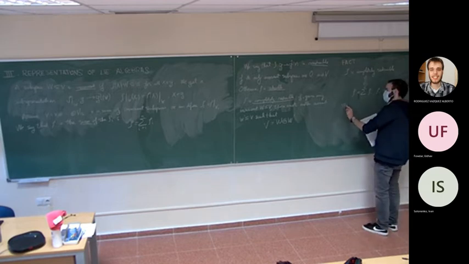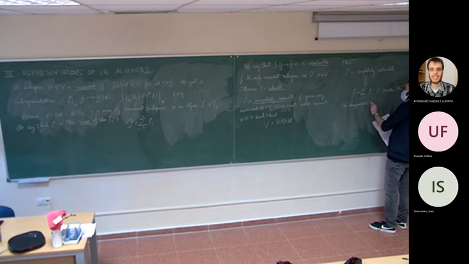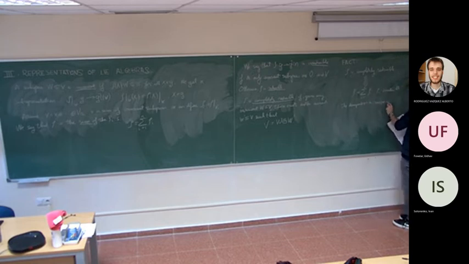The decomposition is unique up to isomorphism. And well, we say that the rho sub I are the components. So these are the irreducible components.